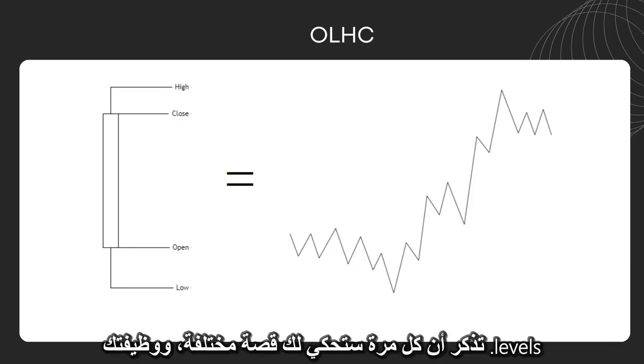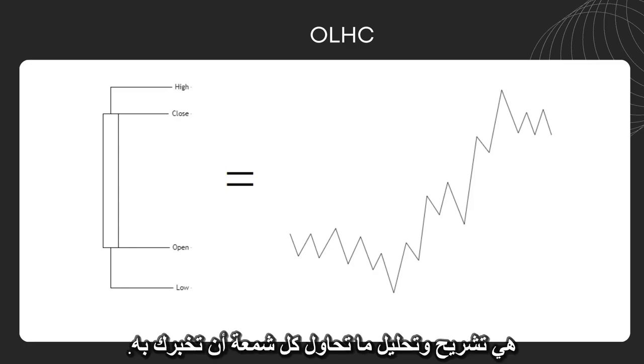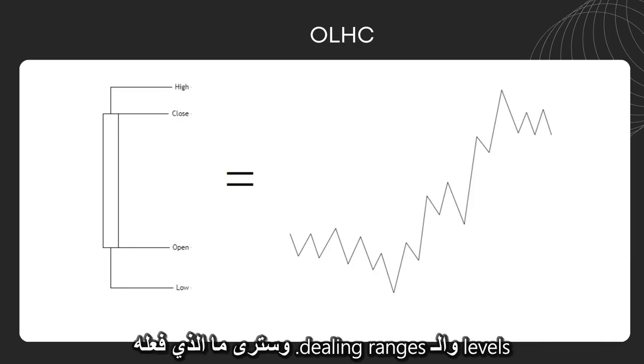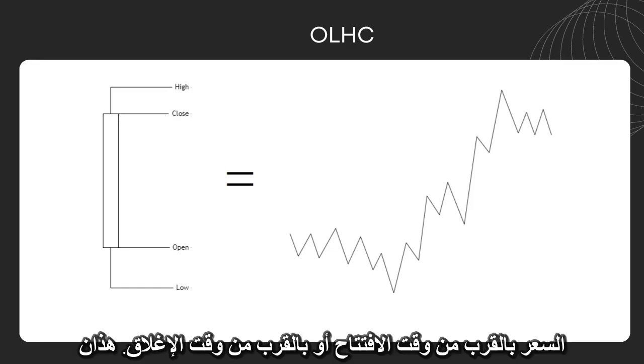Now remember that each candle will tell you a different story, and your job is to dissect and analyze what each candle is trying to tell you. You're going to tell that by combining it with higher time frame key levels and dealing ranges, and you're going to see what price has done close to the opening time or close to the closing time.